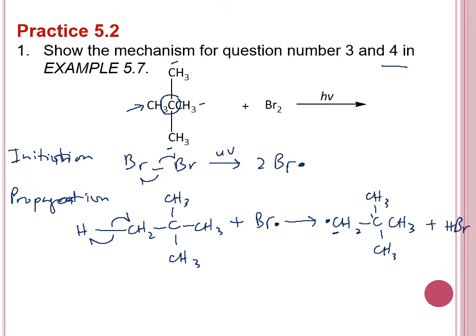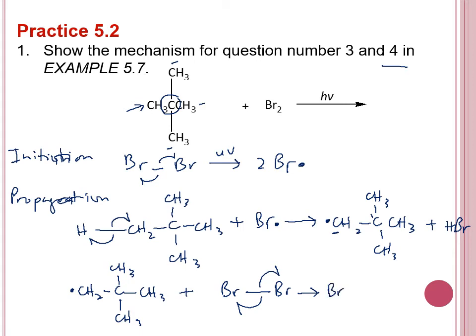Now, the second reaction is that the primary free radical is going to be neutralized by the reaction of homolytic cleavage of a molecule of bromine, whereby the free radical now is going to be formed by the bromine molecule.